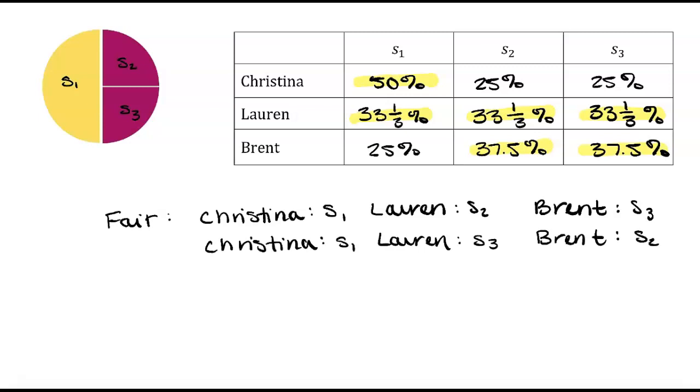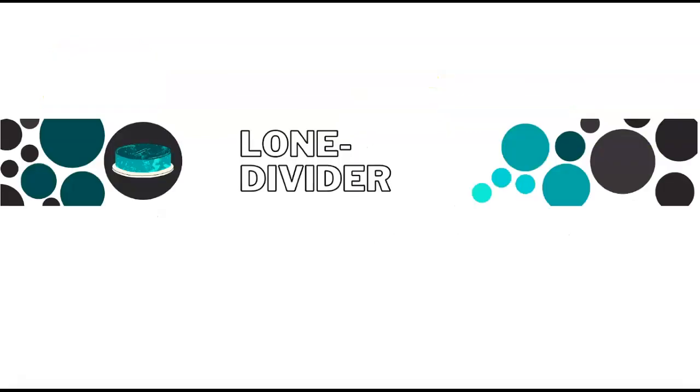Either way, everyone will feel that they got at least their fair share or more. Notice that Christina feels that she got half of the cake, and Brent feels like he got 37.5% of the cake. This is more than what they consider a fair share, or more than 1/3 of the cake. And that's how the lone divider method works.